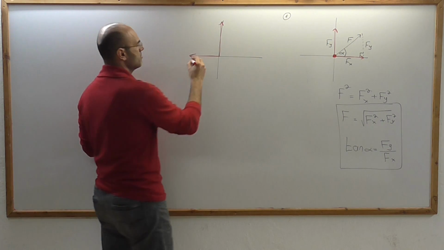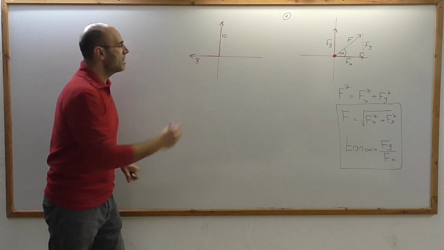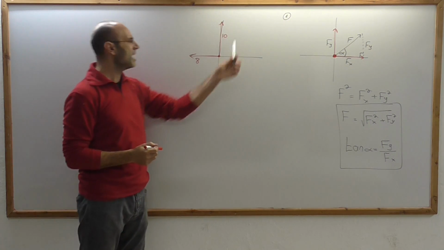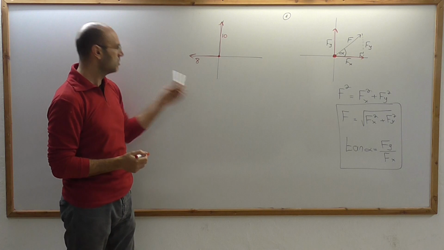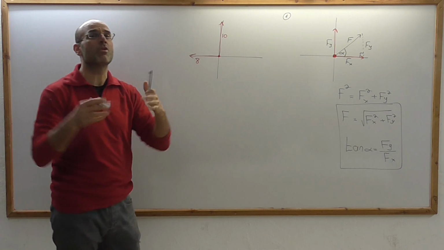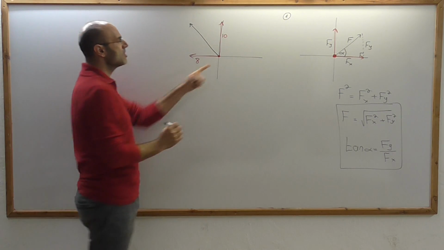I have two vectors. Let's say this is 8, this is 10, and there's a ball here. I pull it upwards with the force of 10, I pull it left with the force of 8. I want to know what will happen to the ball. What will the ball feel? So the ball will feel something in this direction.